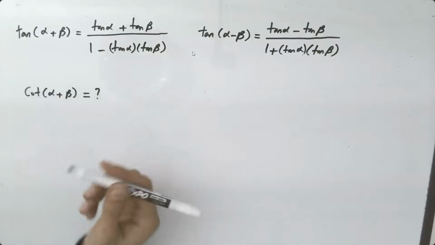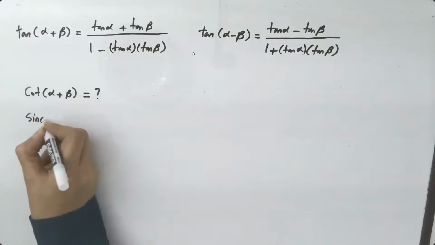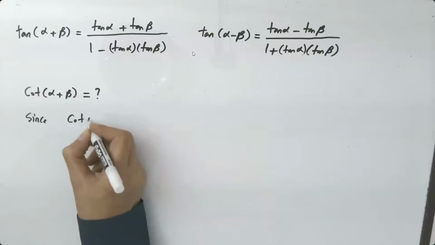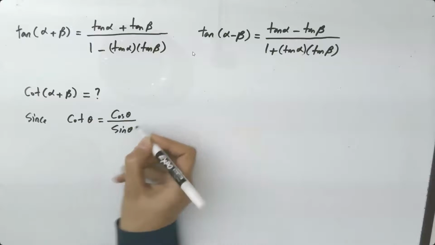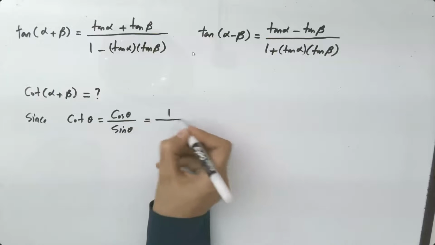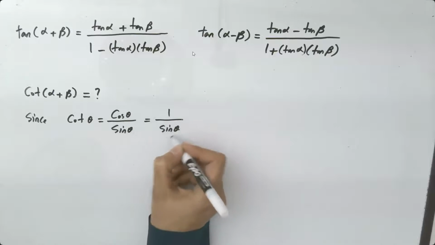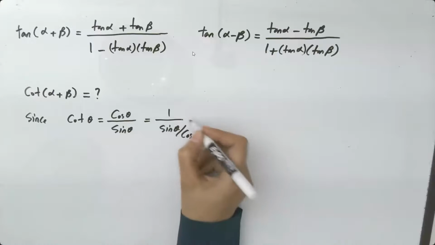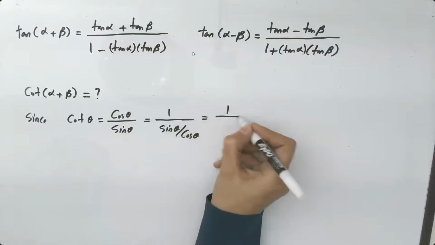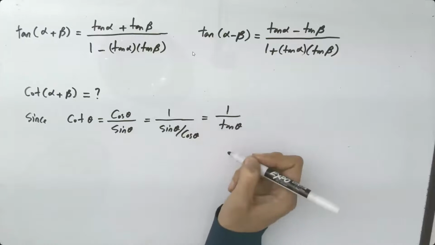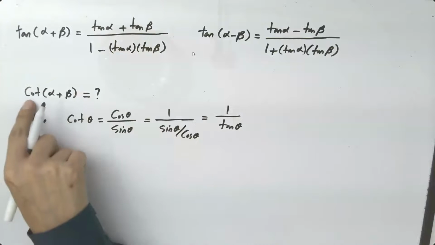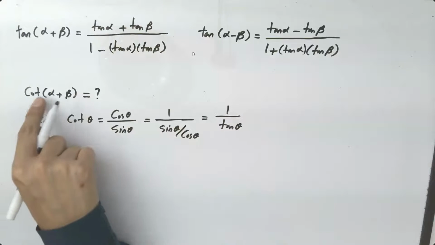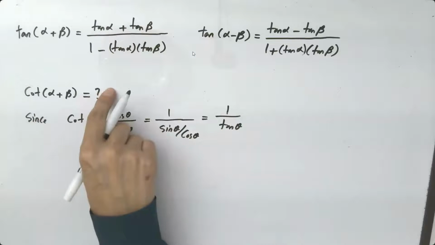Well, recall that cotangent of theta is equal to cosine theta over sine theta, or it is 1 over sine theta over cosine theta, or it is just 1 over tangent theta. By flipping this fraction, we can write the cotangent of alpha plus beta.